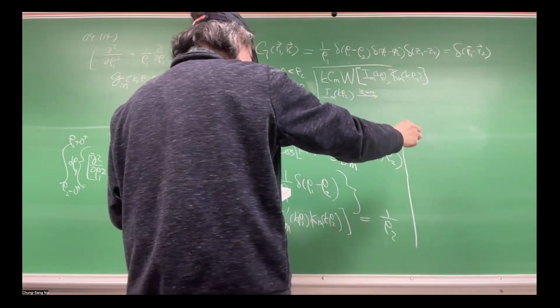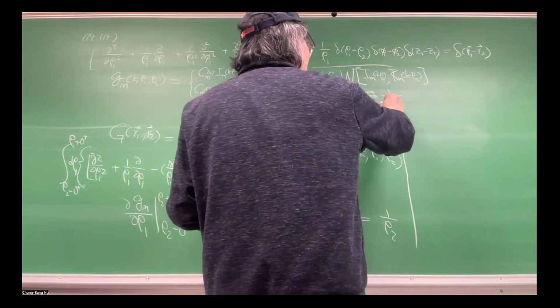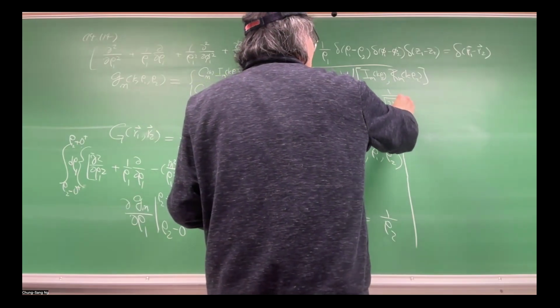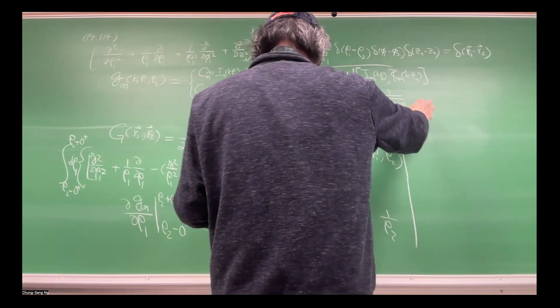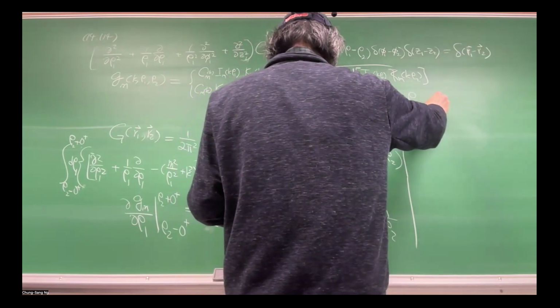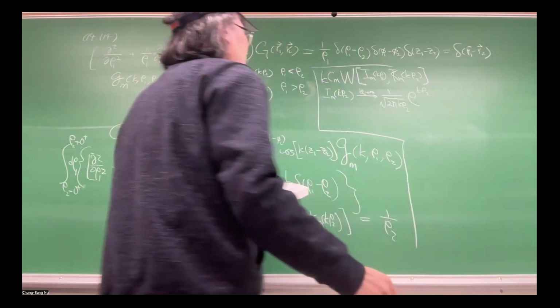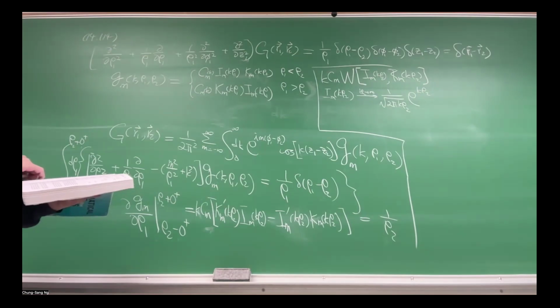goes to 1 over the square root of 2 pi times the argument k rho sub 2, times the large exponential function e to the k rho sub 2. Okay, that's I sub m.